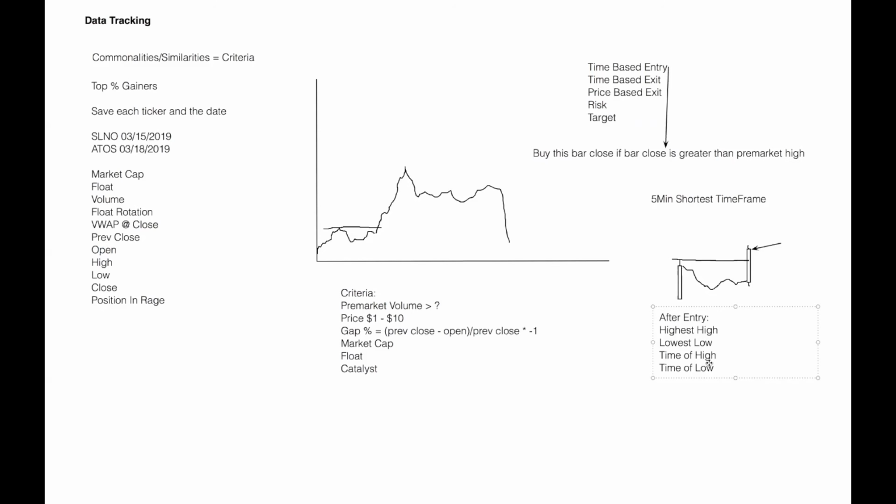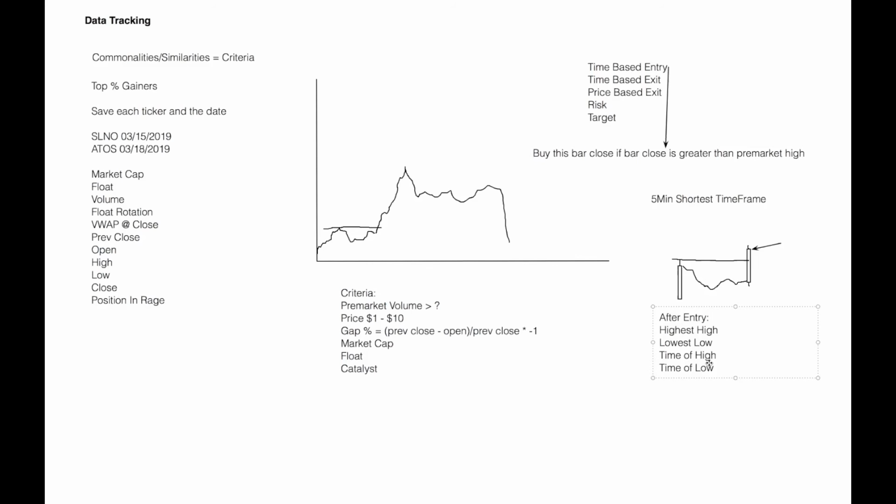There is such a thing called decaying edge. Edge, or probability of success, decays over time. You don't always have the same edge right now at this very second that you do 2 hours from now. It decays over time, or it could increase, depending on the chart. You never know until you test and find out what amount of time it usually takes for the trade to work.